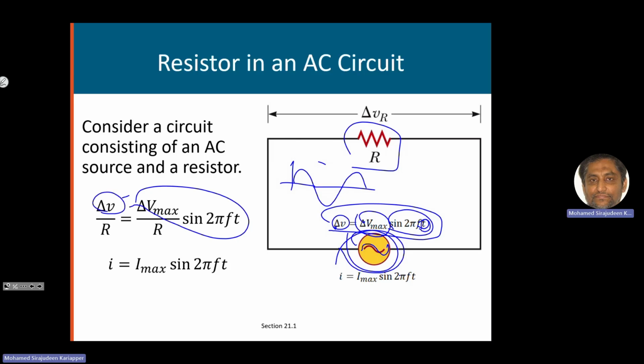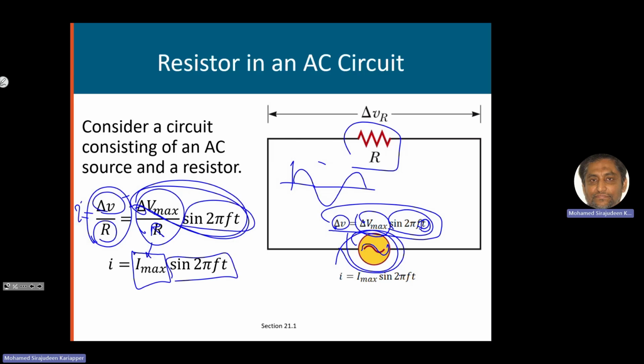Now, what about the current through the circuit? Ohm's law says the potential difference divided by the resistance is the current. So we can use this together. For the current, we substitute for delta v and divide by R. So you get the maximum current multiplied by the same sine function.